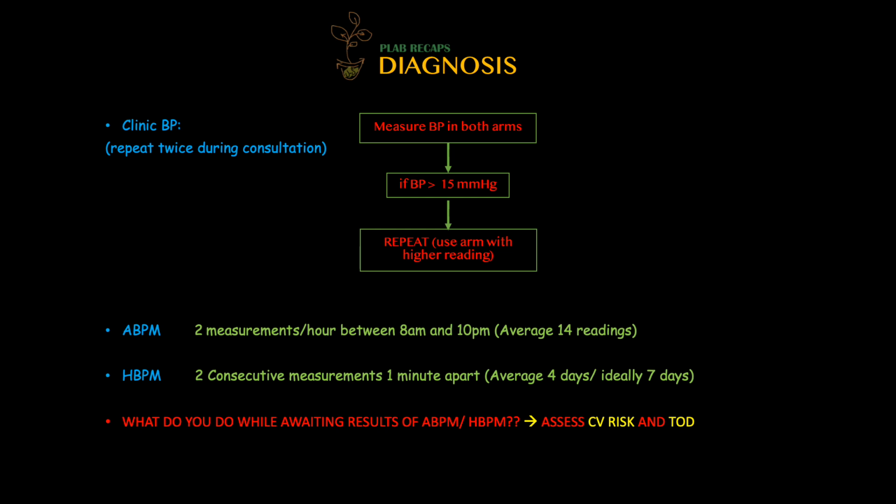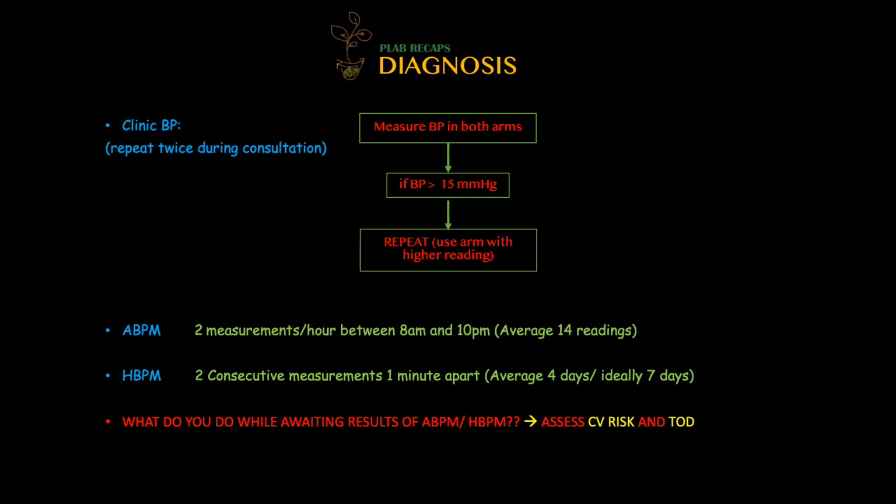Now, with ambulatory blood pressure monitoring, generally there are two measurements that are taken every hour between the normal waking hours of the patient, which is generally between 8 a.m. and 10 p.m. So you get 14 readings, which you then take an average of and document your findings. So obviously, as you can see, there are multiple measurements being taken during a single hour.